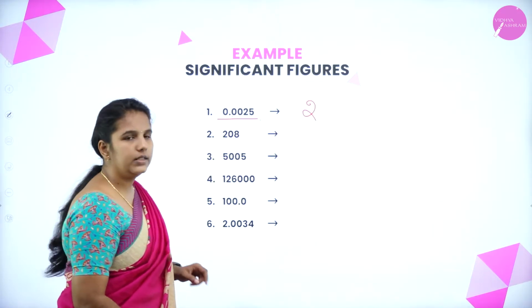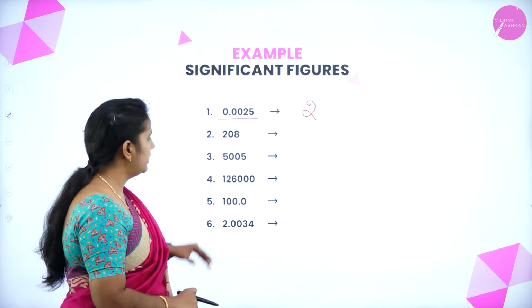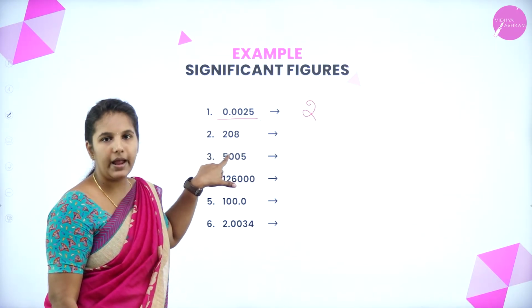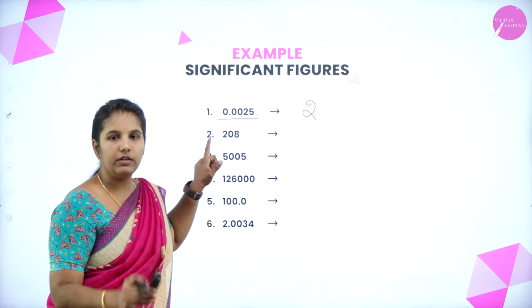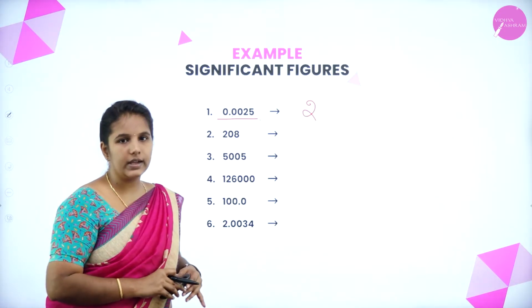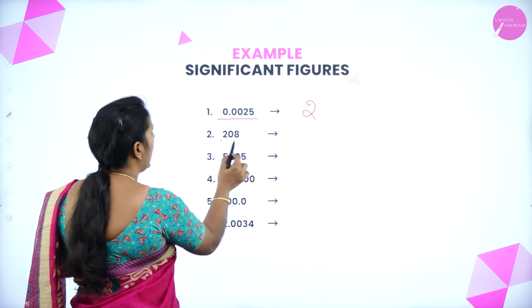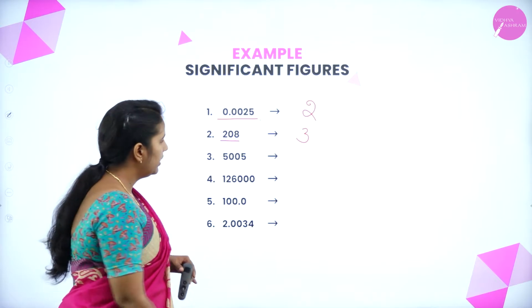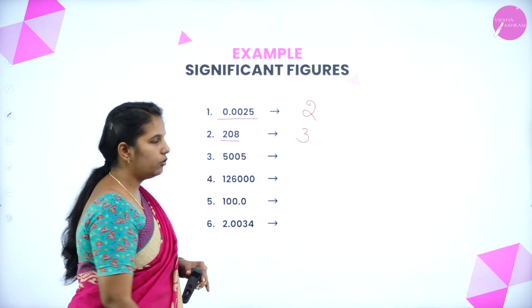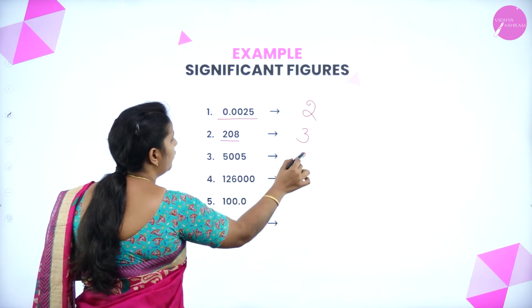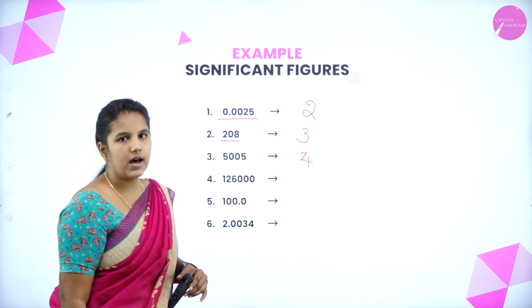Coming to the second example, 208. Rule 3 will be applied. Rule 3 says that if the zeros are present between 2 non-zero digits, they will be considered. So here how many significant figures are there? 3. Understood? The same rule will be followed here, rule number 3. So here 1, 2, 3 and 4. 4 significant figures are there.